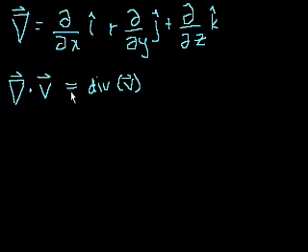And this should be a little bit intuitive to you at this point, because you might want to review our original videos where we compared the dot product to the cross product, because the dot product was how much two vectors move together. So when you're taking this del operator and dotting it with a vector field, you're saying how much the vector field is changing, right? All a derivative is, a partial derivative or a normal derivative, it's just a rate of change. Partial derivative with respect to x is rate of change in the x direction.